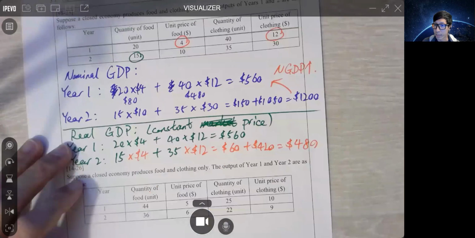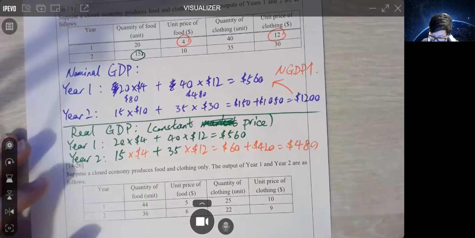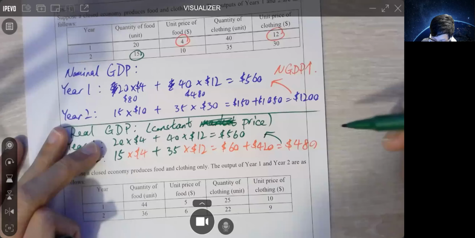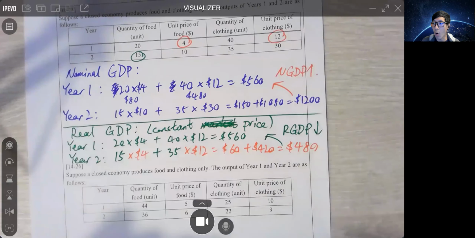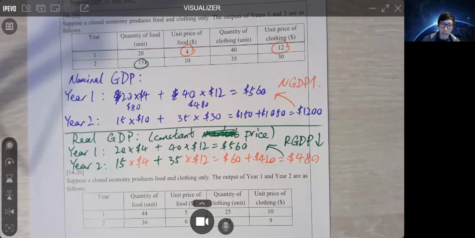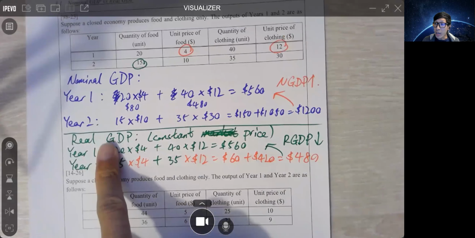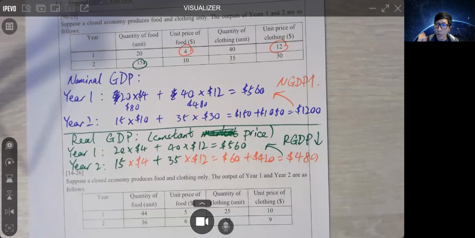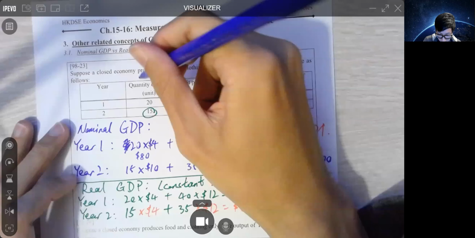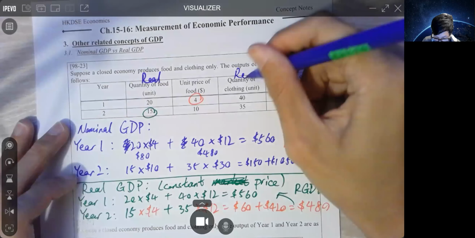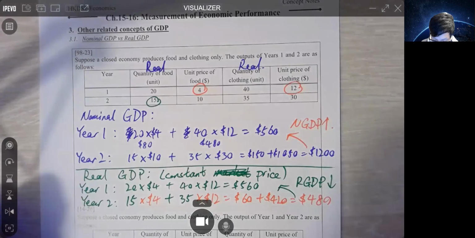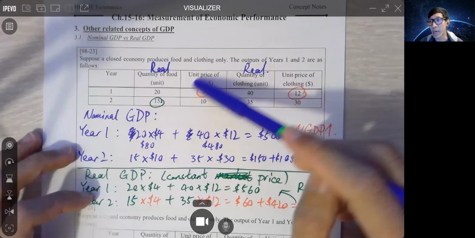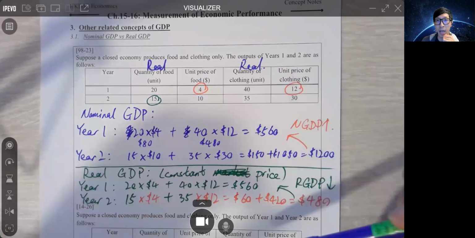Here it gets interesting. When you compare the real GDP, you see that real GDP actually has dropped. So what is happening here? In fact, real GDP focuses on one thing only: quantity. The advantage of real GDP is that it disregards the effect of price level. If you sell things at a very high price, the number naturally becomes bigger.